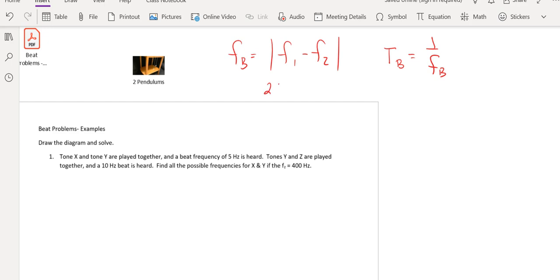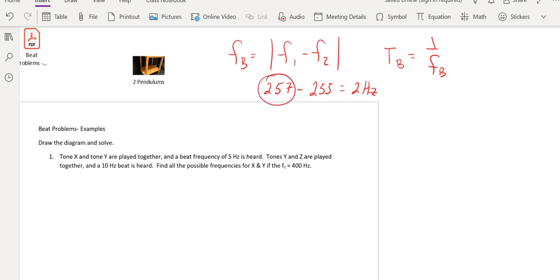If you had 257 hertz and the other one was 255 hertz, the beat frequency would be 2 hertz. Now, the problem can be that you know one of them is 257, and when they play together, you get 2 hertz.